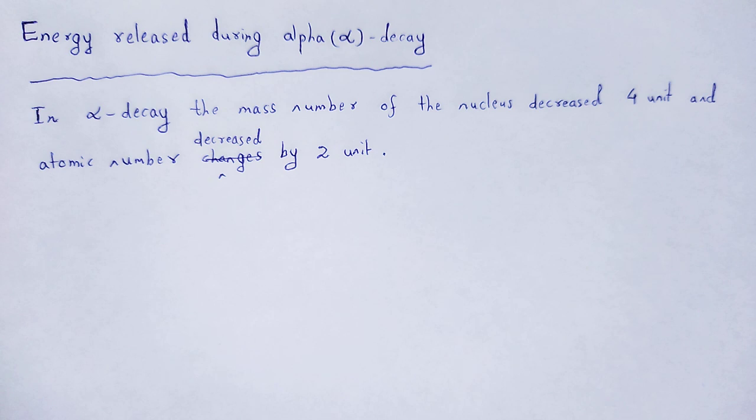In this video, we are going to discuss energy released during alpha decay and beta decay. Let's begin. Radioactive elements try to emit radiations. Why do they emit radiations?